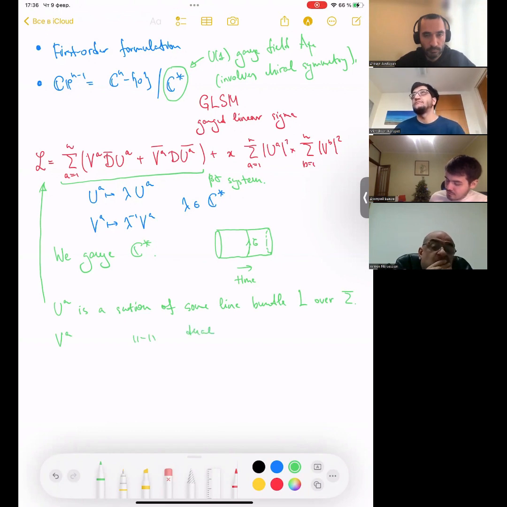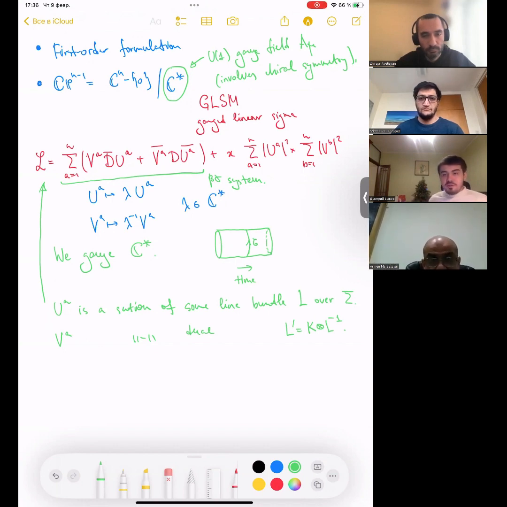Dual means that L prime is a canonical bundle times L inverse. So then it starts to matter which line bundles you take, and this becomes additional data of your theory. So in the situation of trivial topology, you have just trivial bundles. So that's maybe the way to think about it.